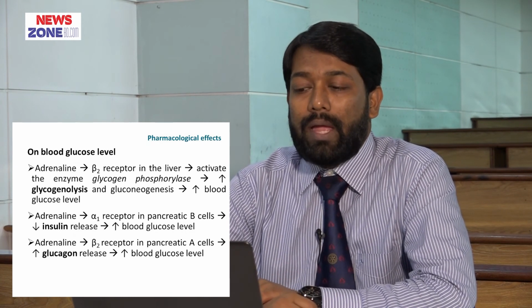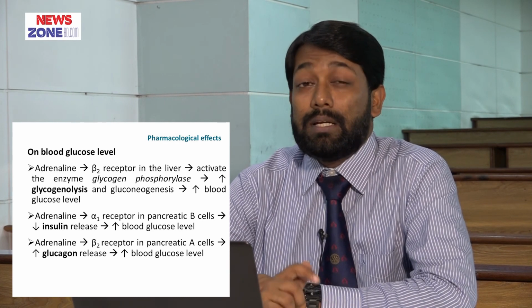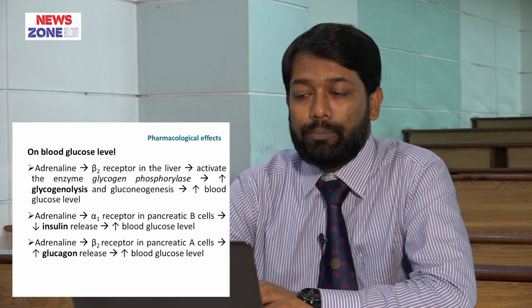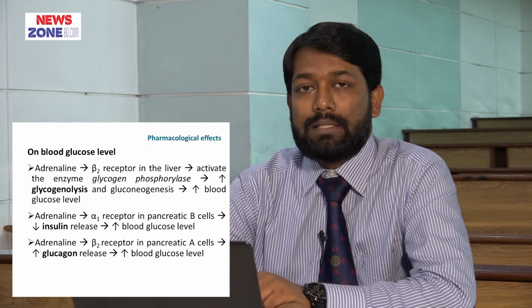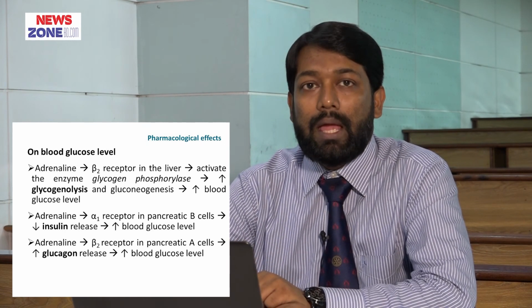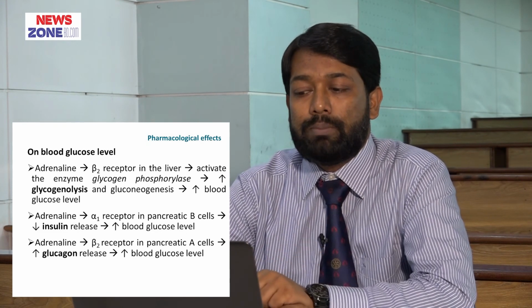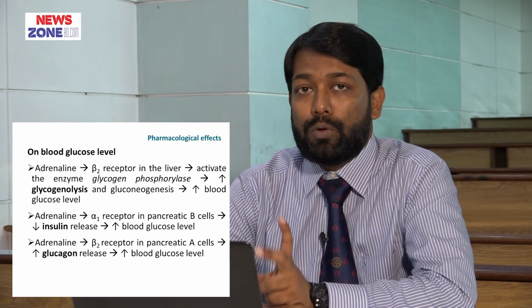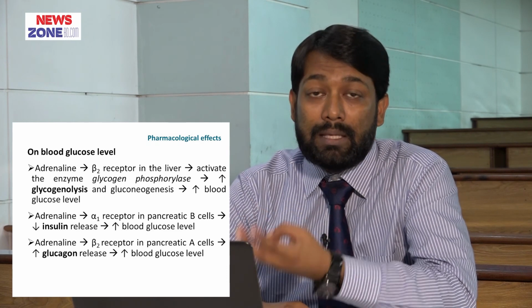It also acts on the alpha 1 receptors of the pancreatic beta cells, decreases insulin release and increases blood glucose level, as well as on the pancreatic alpha cells there are beta 2 receptors, and adrenaline increases glucagon release by stimulating these receptors and also increases the blood glucose level. So, adrenaline increases blood glucose level by these 3 mechanisms.